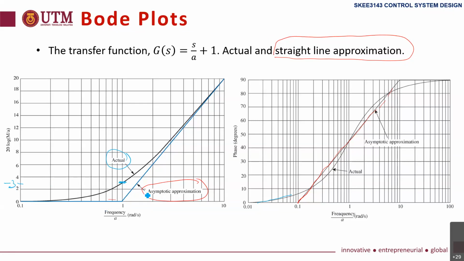In the exam, the question will use the actual Bode plot, because we plotted using a computer. Again, if people say straight line approximation in Bode plot, this is what we meant by that.